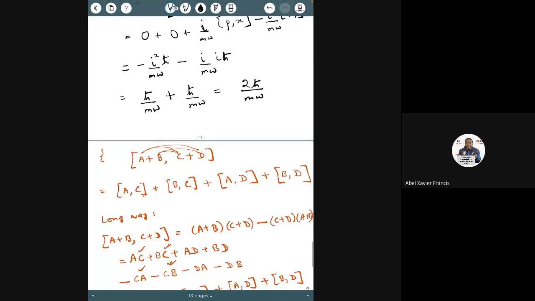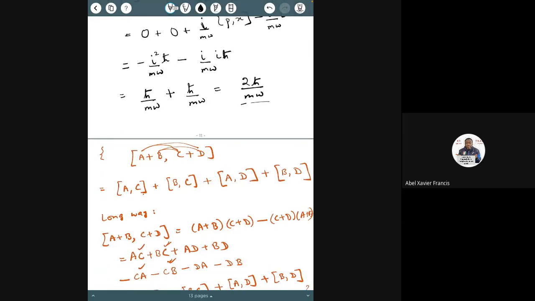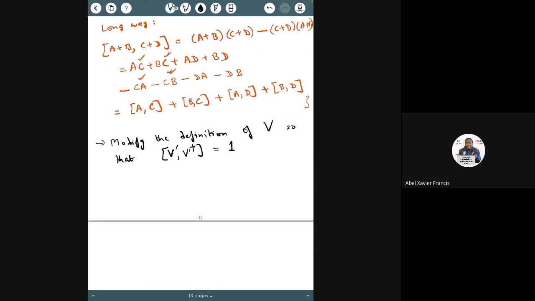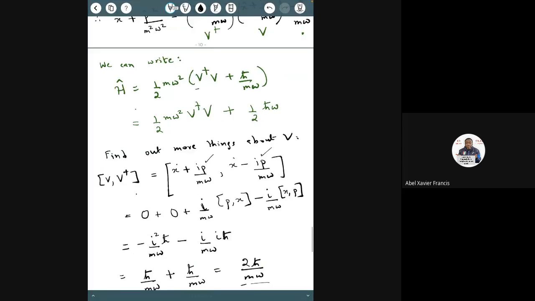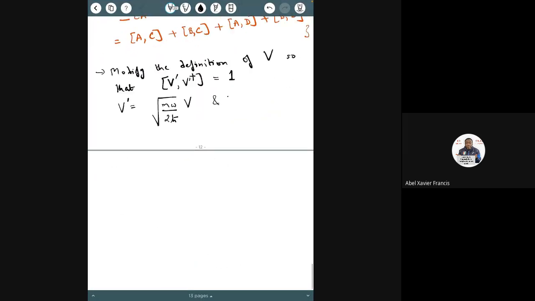So we have 2h cross by m omega. So we will simply do V prime is equal to root of m omega by 2h cross V. And V prime dagger is then root of m omega by 2h cross V dagger.